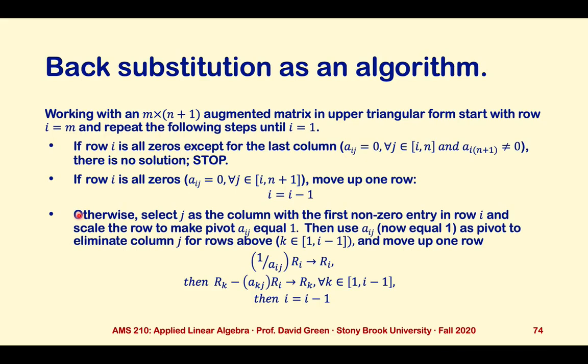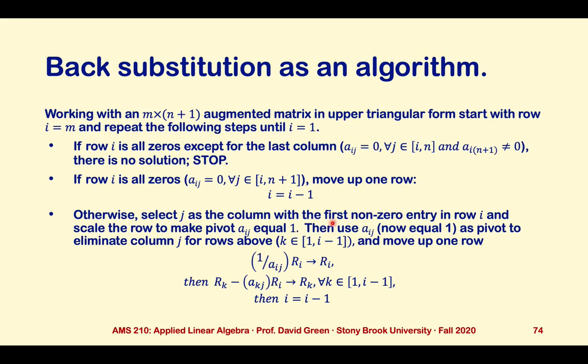Otherwise, if we have non-zero entries, but not only in the last column, we select j as the column with the first non-zero entry, that is, the pivot. We scale that row to make that pivot entry equal 1. Divide by the value of the coefficient.